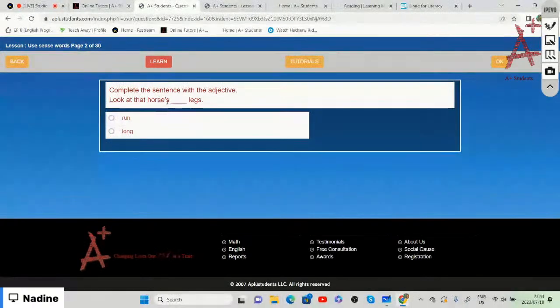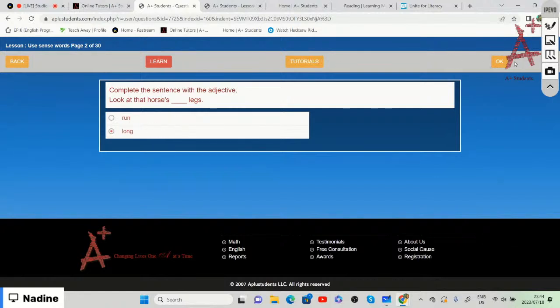Look at that horse's run legs or long legs, right? We need to choose the adjective that describes the horse's legs. All right, so if we were to describe the horse's legs, then we can say they are long, right?